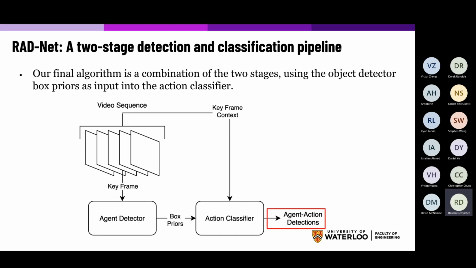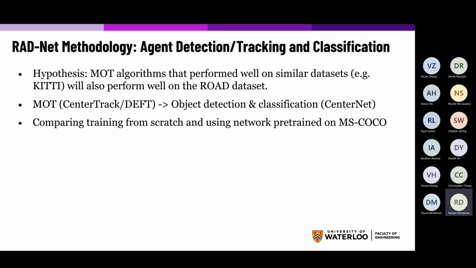So yeah, I think it's pretty intuitive. I think I already talked about the hypothesis for using the detection and tracking algorithms. We know there are many existing good algorithms that perform well on other data sets, such as the KITTI benchmarks, so we know they'll perform well on road as well.